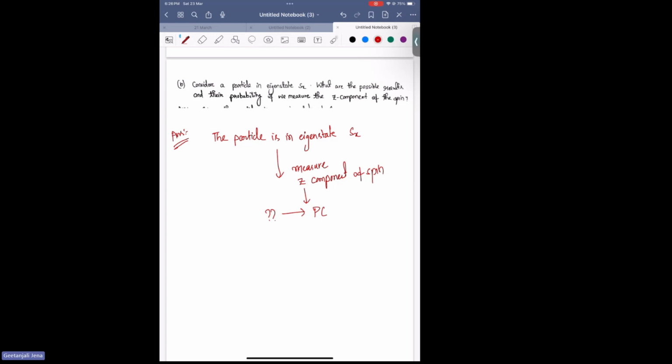So you have a particle which is in an eigenstate of Sx. Now we measure the Sz operator. It is asking about the results you will get and their probability. The results are nothing but the eigenvalues of the operator that is acting on the particle, and the probability you will get after writing the state of the particle.